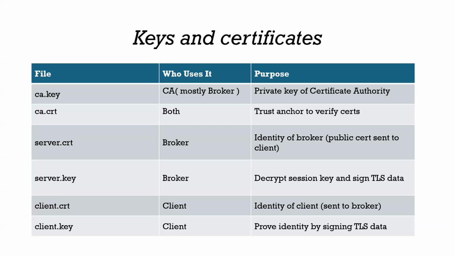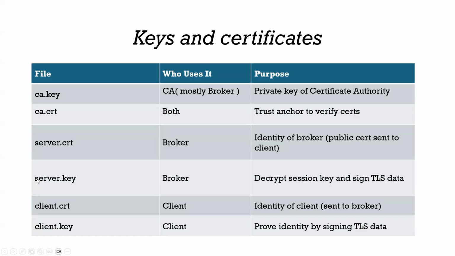A similar thing we do for the client. First we generate a private key for the client, and then we generate a sign request. There is one more intermediate file which I have not mentioned there: from this key we generate the sign request file, and that file gets signed by the CA certificate. Once it is signed, it generates the client certificate.